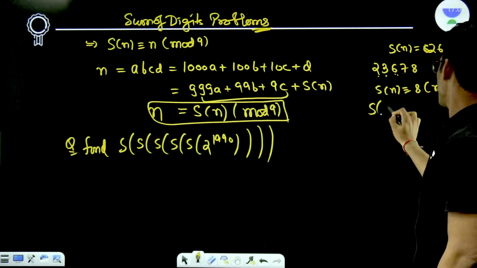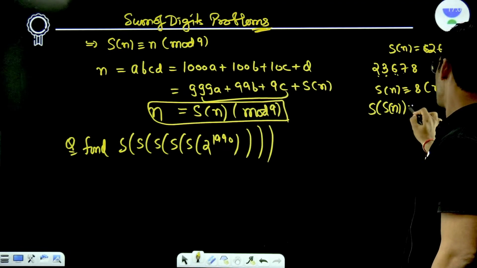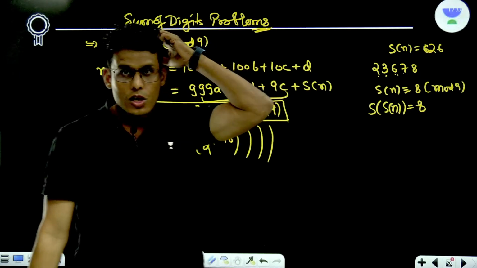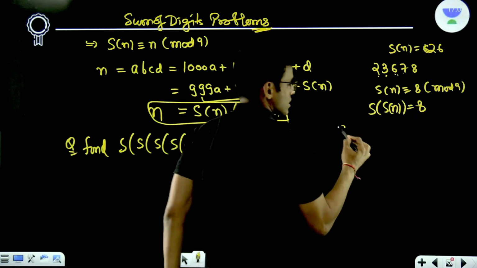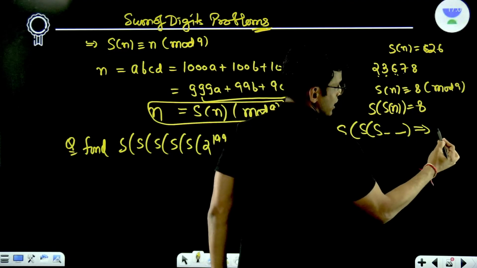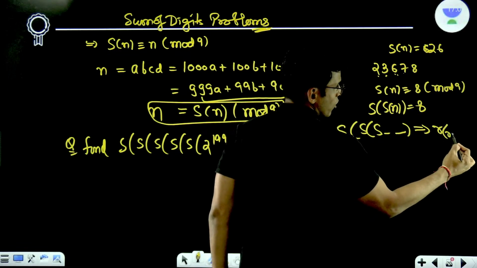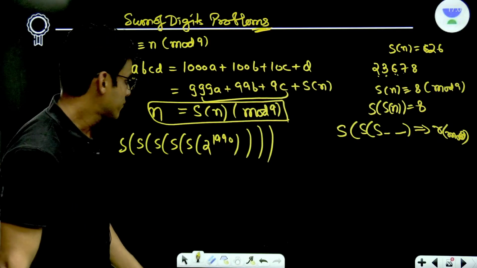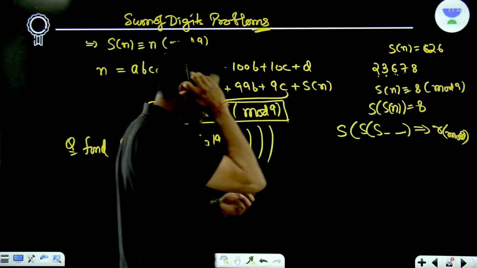Now, what is S of S(n)? Is it coming out to be 8? So, if we apply S multiple times, it converges to the remainder mod 9.